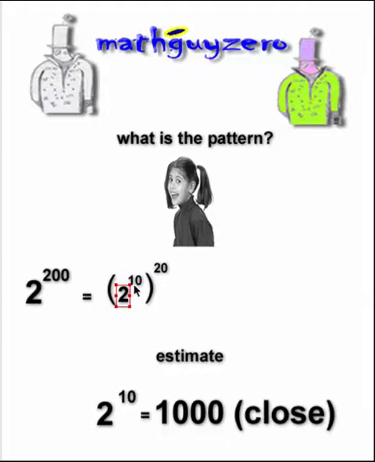When an exponent is raised by another exponent, you multiply them. So 10 times 20 is 200. And we're going to substitute that 2 to the 10 for 1,000, which is also known as 10 cubed. And then we're just going to multiply 3 times the 20. Comes out to be 10 to the 60th power.